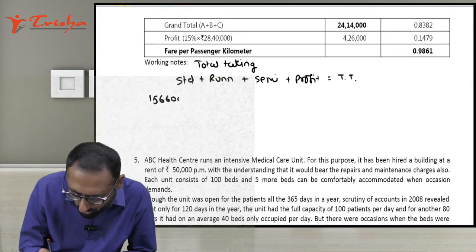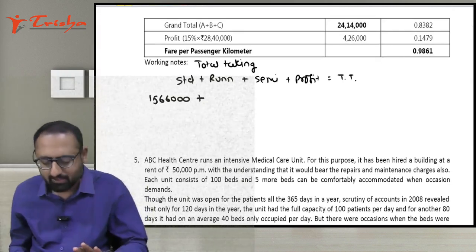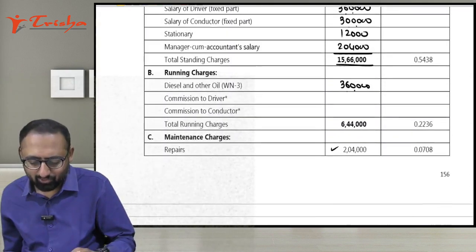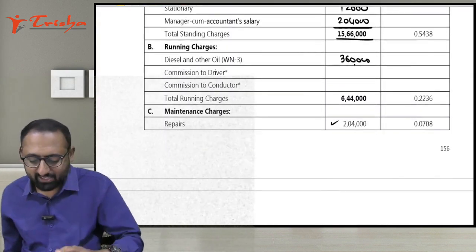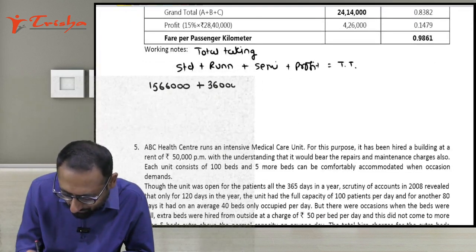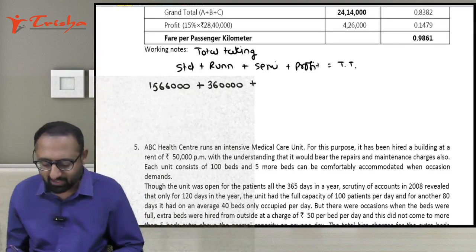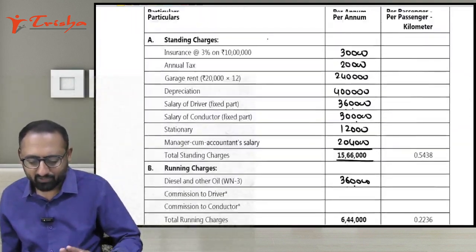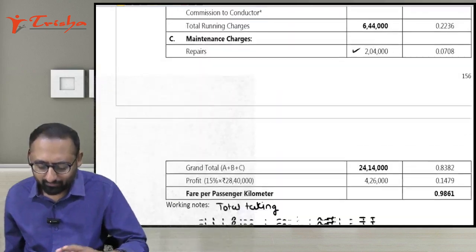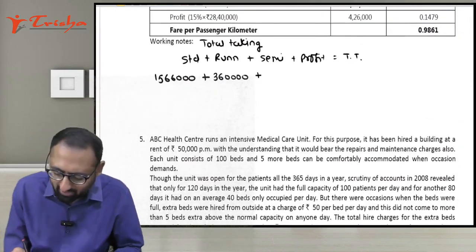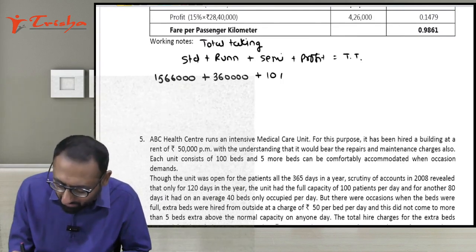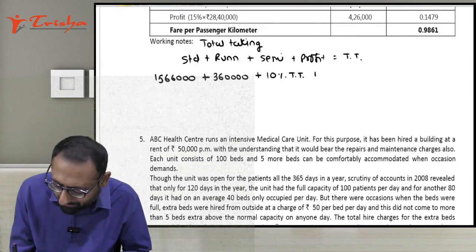In the running charges, we just have the diesel cost, 3,60,000, plus commission. We'll have to calculate that commission. How much is commission? 10% of the total taking.